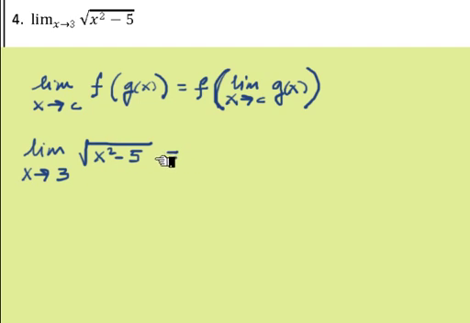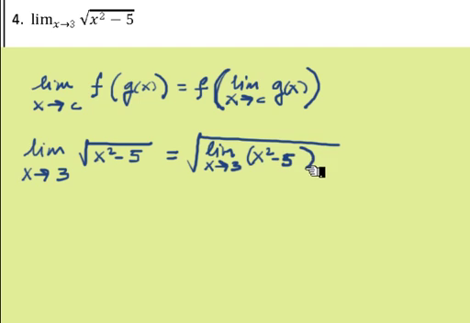So our outer function f is a square root function, so we're just going to put that on the outside and put the limit on the inside.